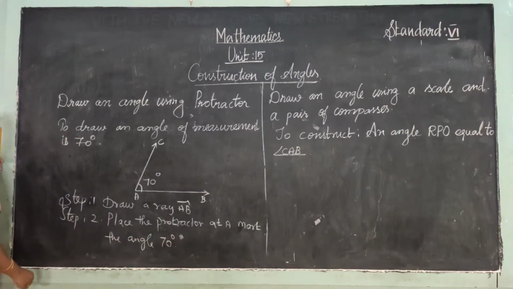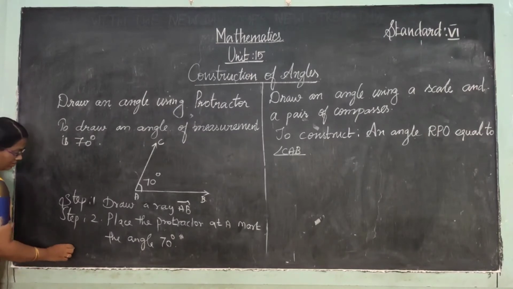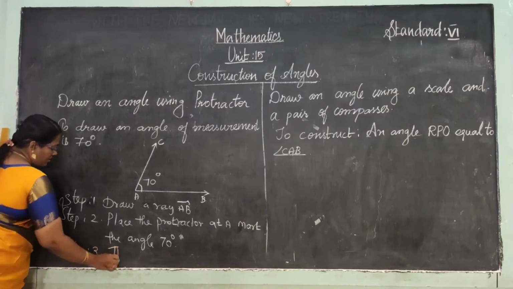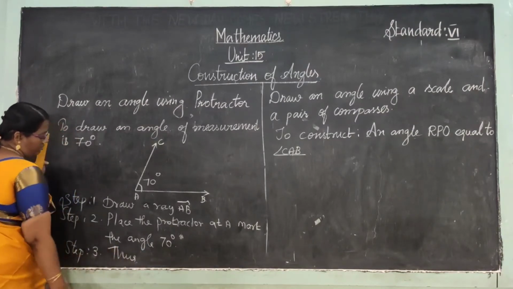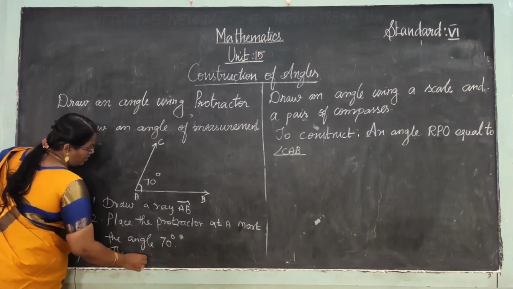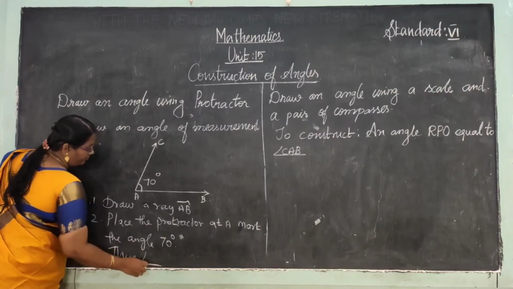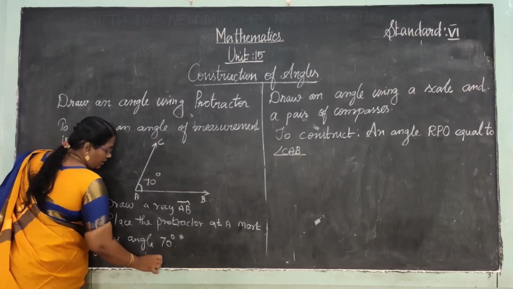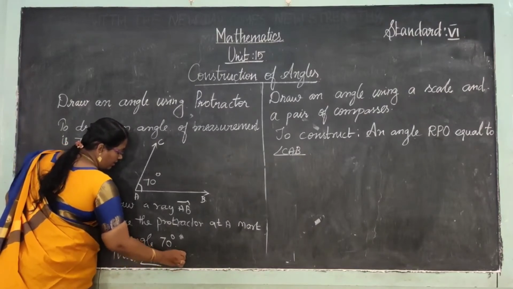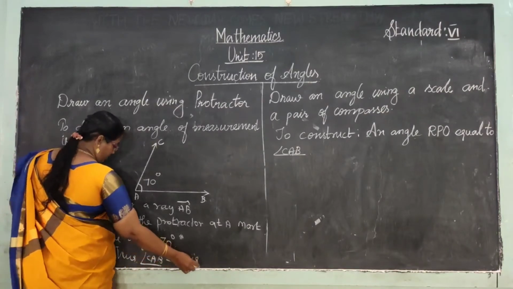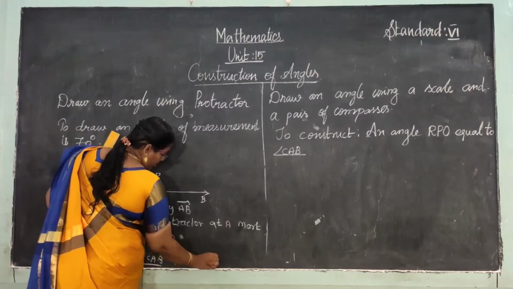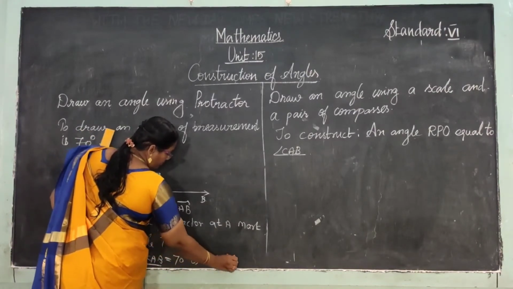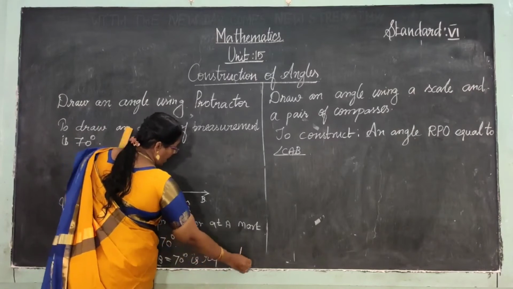That's it. Step 3: thus the angle CAB equal to 70 degree is the required angle.